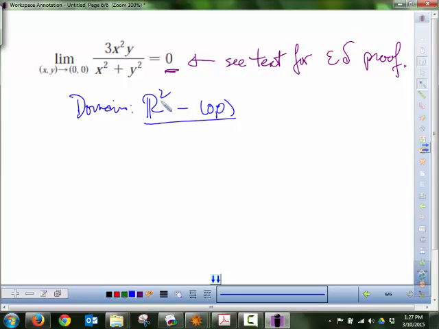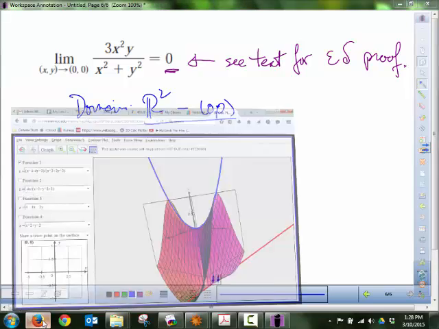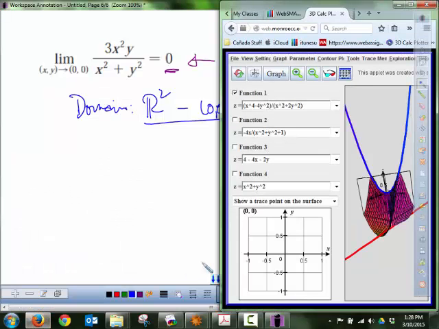So how's the graph of that going to look like? Let's take a look at it. This would be 3x squared y divided by x squared plus y squared.